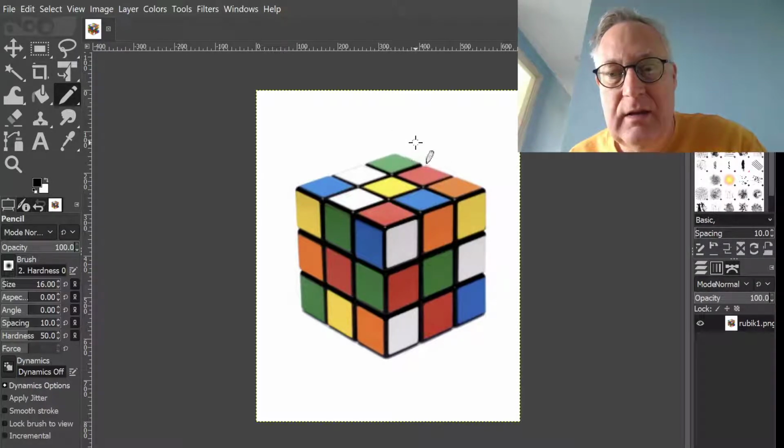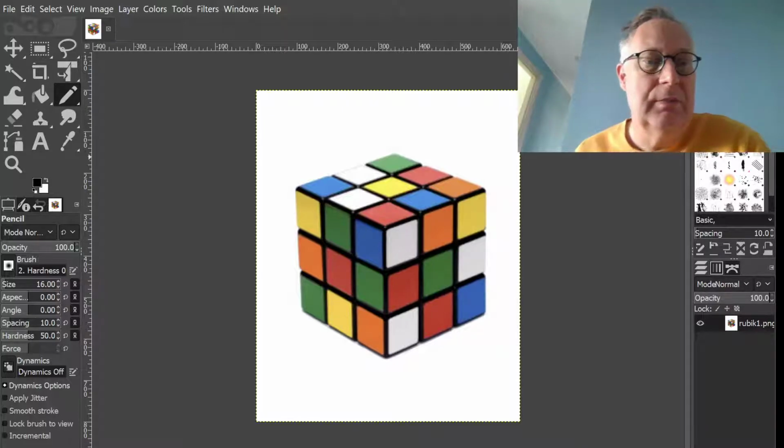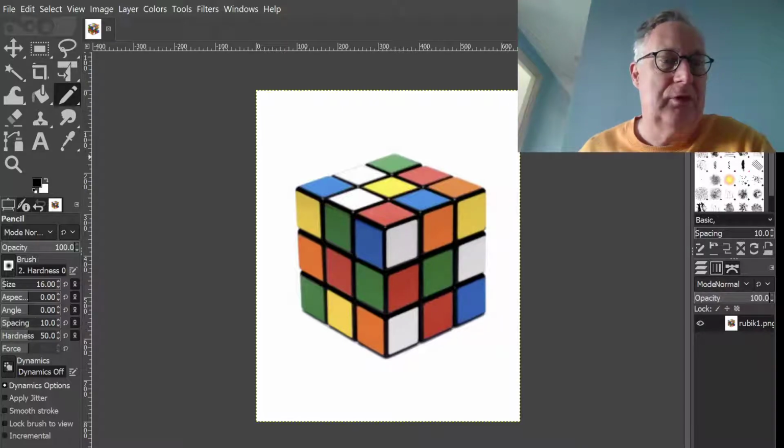Distances that are further away from the camera back here are going to be smaller than the same distance on the front of the cube. And this is what we have to model. So that's the perspective distortion.